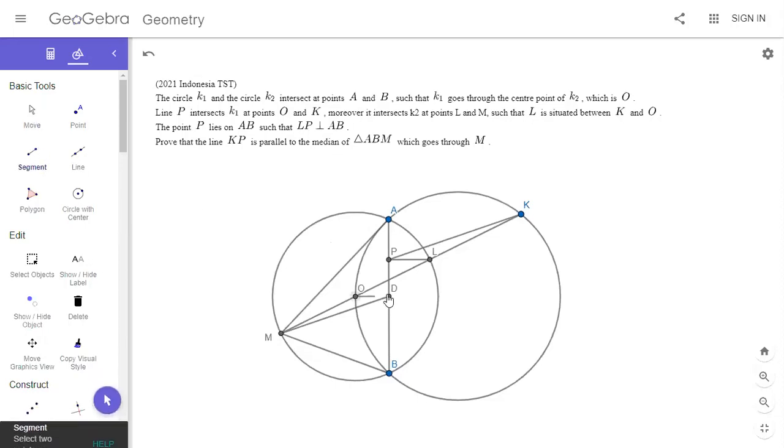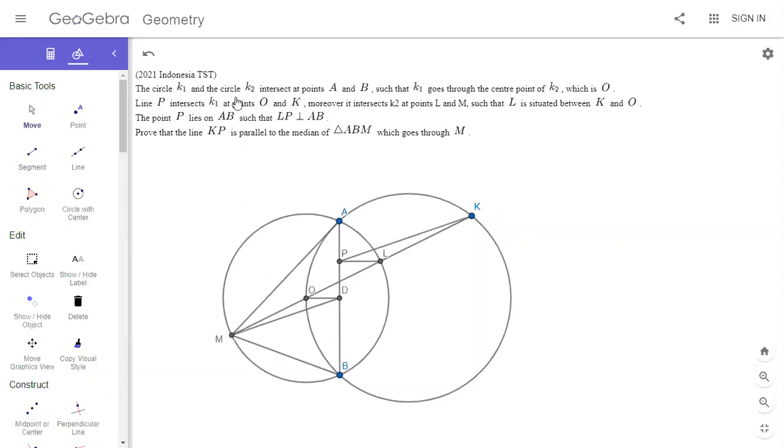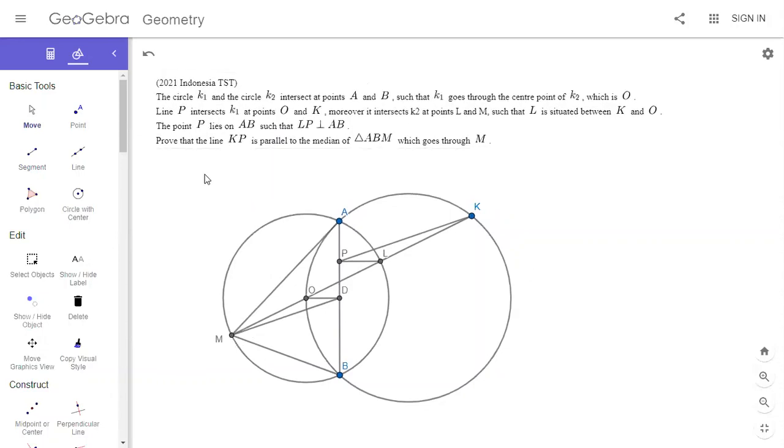Obviously, OD is perpendicular to AB, right? Let's see. So basically, I think we want to show these triangles are similar, right? MOD and KPL. Yeah, this does look really familiar. Trying to remember.